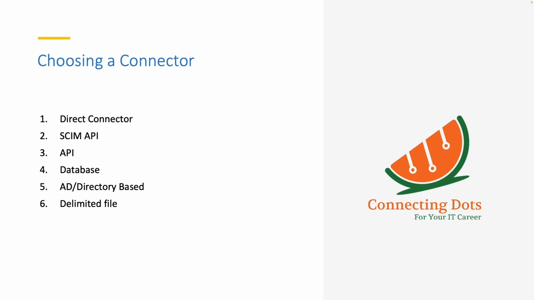Okay, so next, in case you do not have a direct connector, fall back to SCIM API. SCIM is the API standard: if an application has adopted SCIM APIs, the SCIM standard, System for Cross-domain Identity Management, that's the full form of SCIM. 2.0 is the latest one. There you will see that the application team adopted the SCIM API standards.